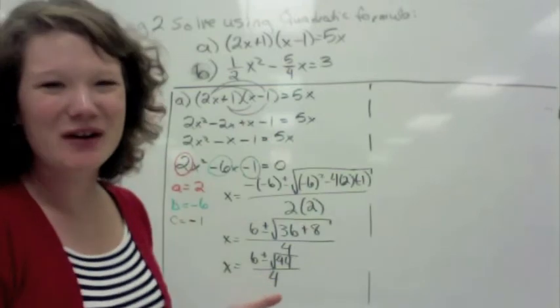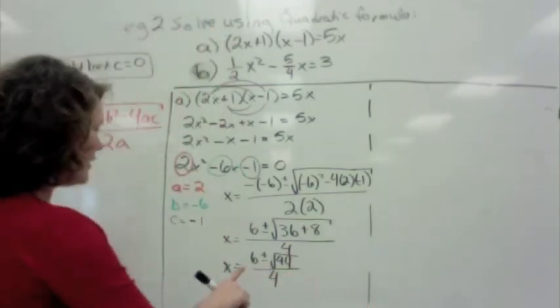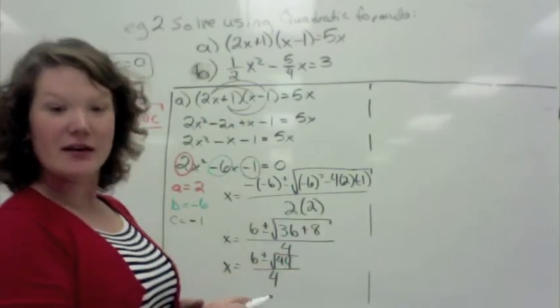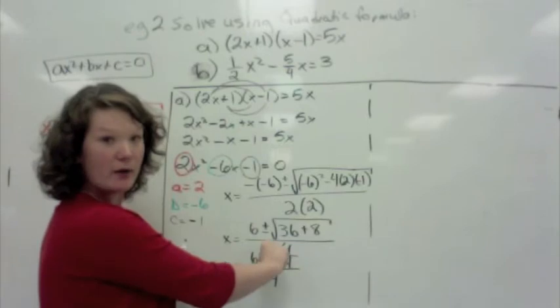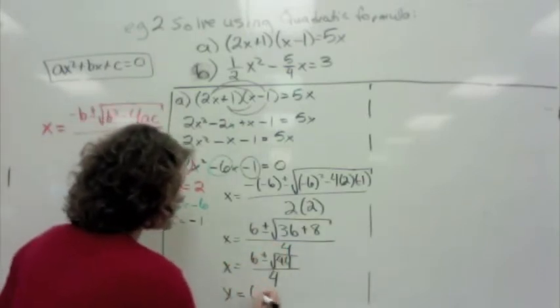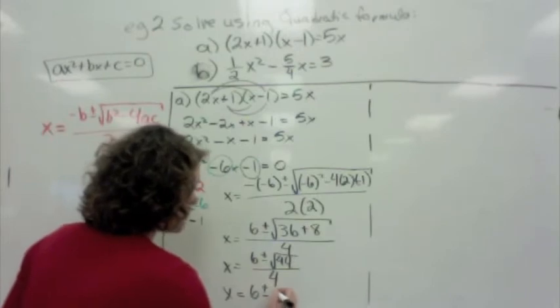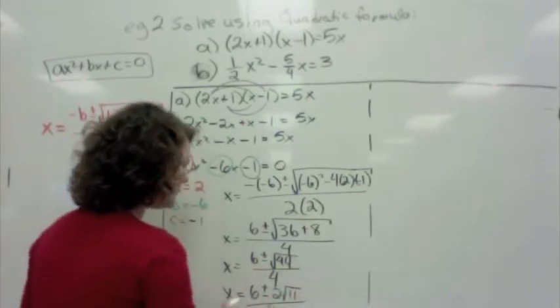And now at this point it's just radical simplification. 4 times 11 is 44. I can pull out a 2 because the square root of 4 is 2, so it looks kind of like this. x equals 6 plus or minus 2 root 11 over 4.